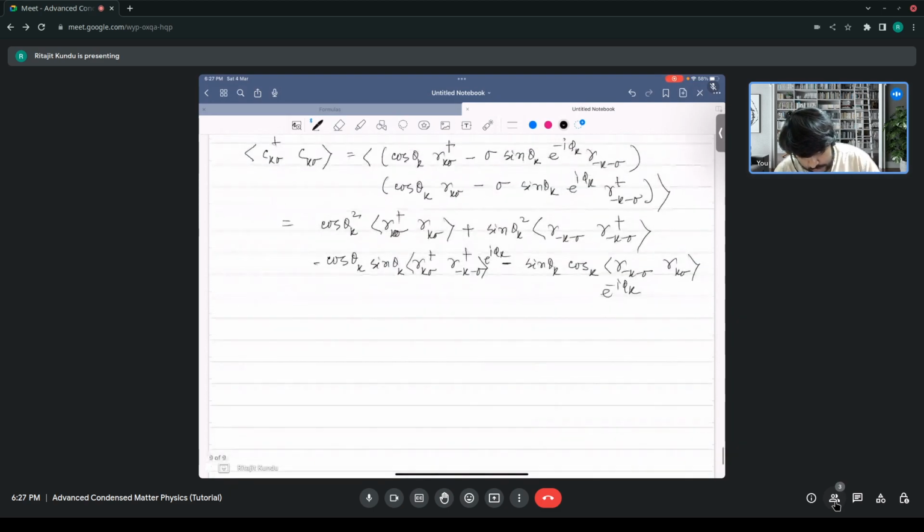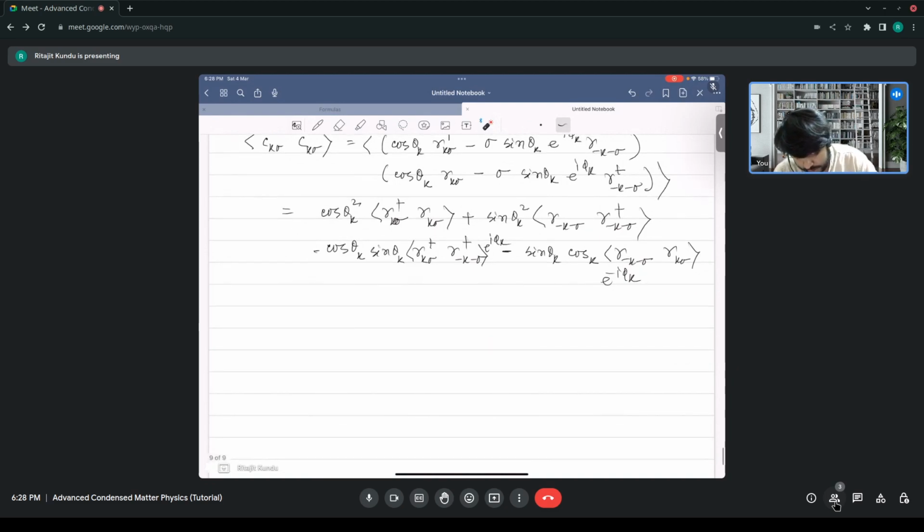You will see that these two terms will vanish because our Hamiltonian is diagonal in these things. This kind of correlation is not there at all in a diagonal Hamiltonian, so you'll be able to show that these last two terms vanish.